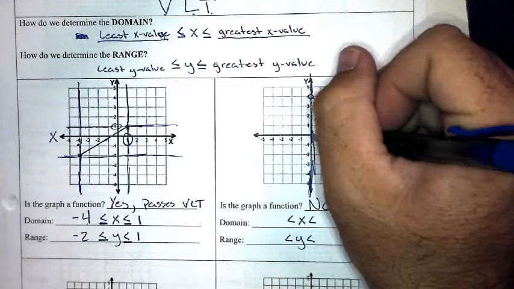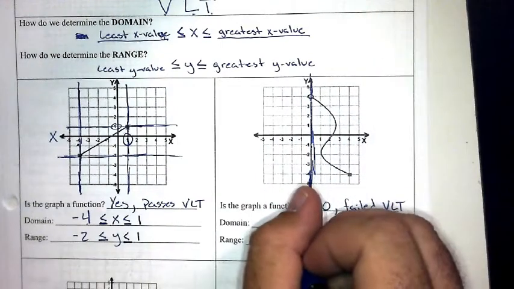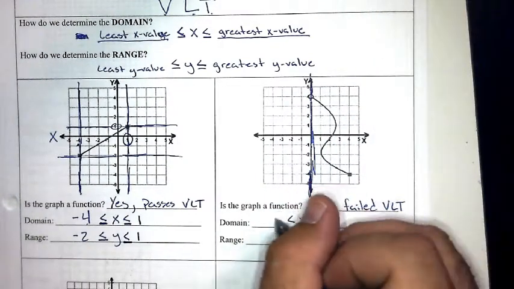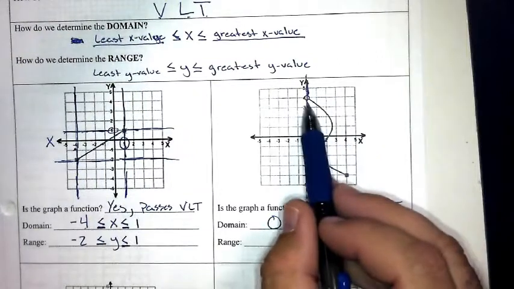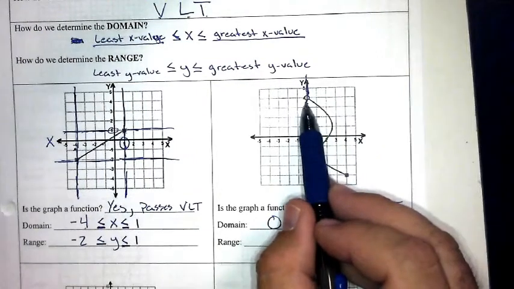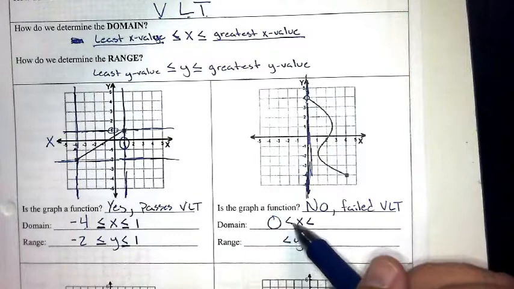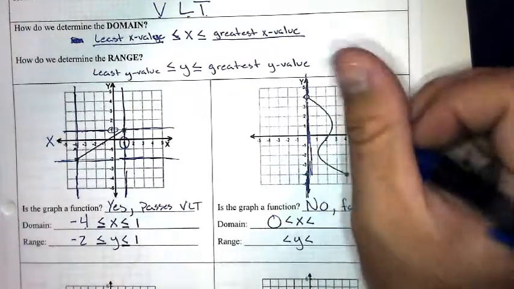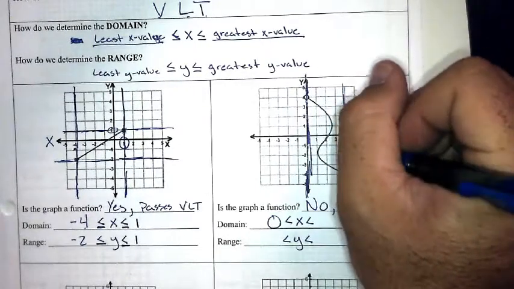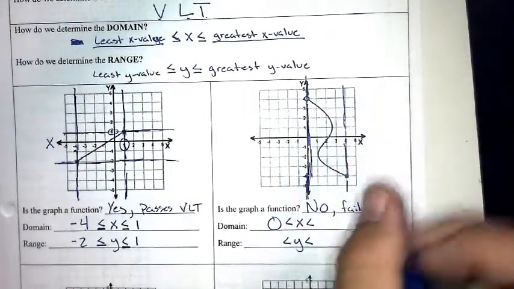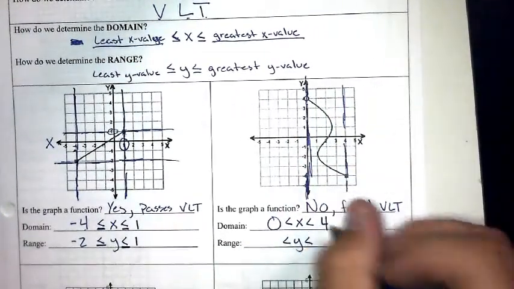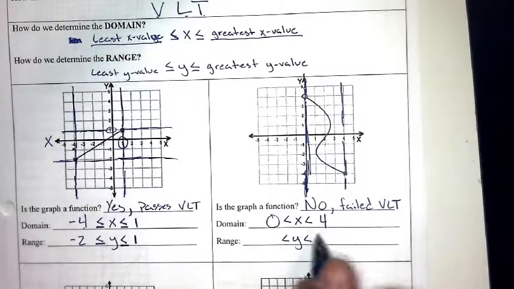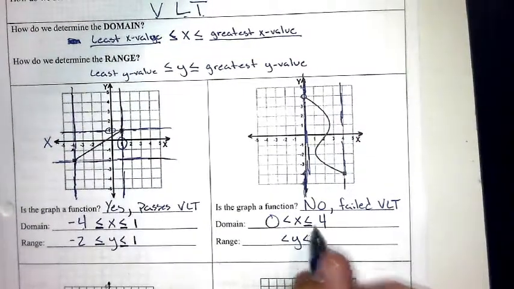At 0, do I have an open or closed circle? Open. So I'm not going to underline. Look to the furthest right I go. Say it. 4. Good. Do I have an open or closed circle at 4? Closed. So I underline that inequality. Which means I can include 4, and it's everything less than that.